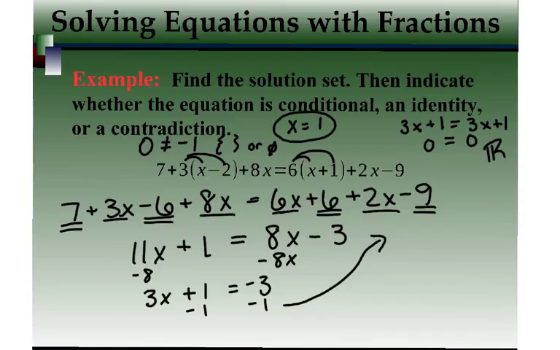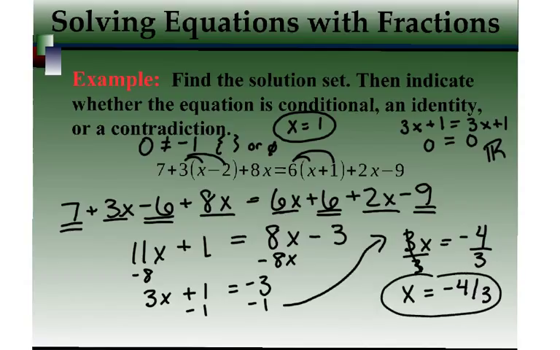That ends up giving me a 3x equals a negative 4. Now, still trying to isolate that x, divide both sides by 3, and we end up with x equals negative 4/3. And we are done.